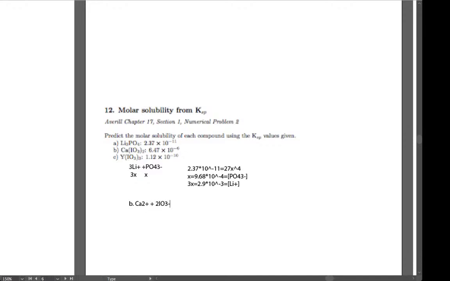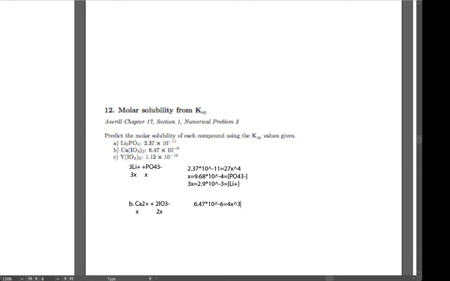So if you put x of that salt, you should get x of calcium 2 plus, and you should get 2x of IO3 minus. So this would mean that we get 6.47 times 10 to the power negative 6, which would equal 4x to the power 3.